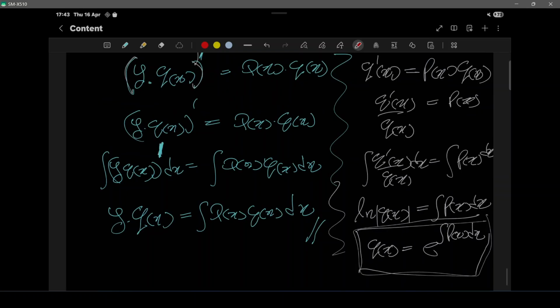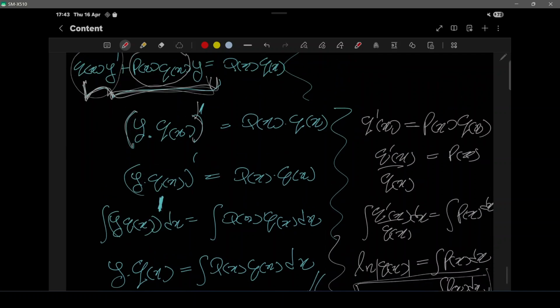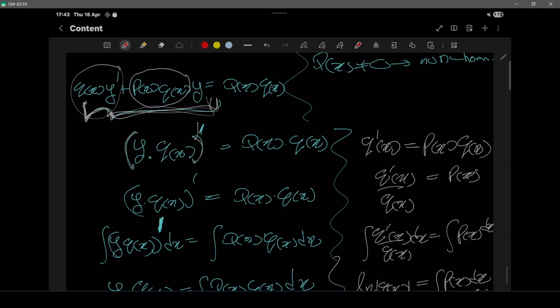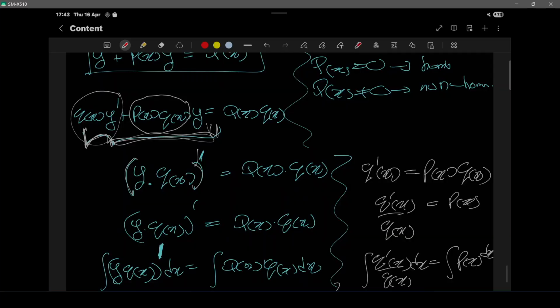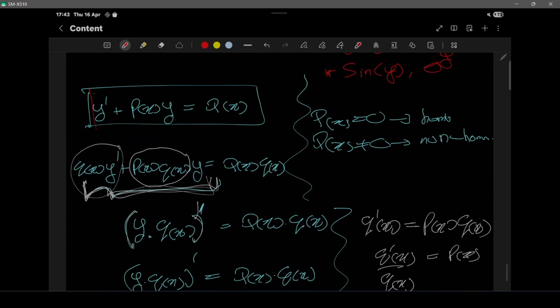So here are the steps we should follow to solve a first order linear differential equation. First, you can directly recognize that this is a linear differential equation, and most importantly you should get it into this format. This is the number one and important thing. I tell again, if there are x terms with the y dash term, you should divide the whole equation by those x terms and get exactly this format.